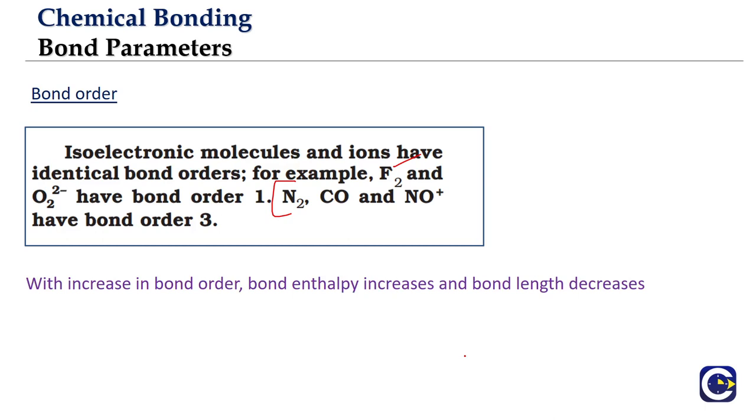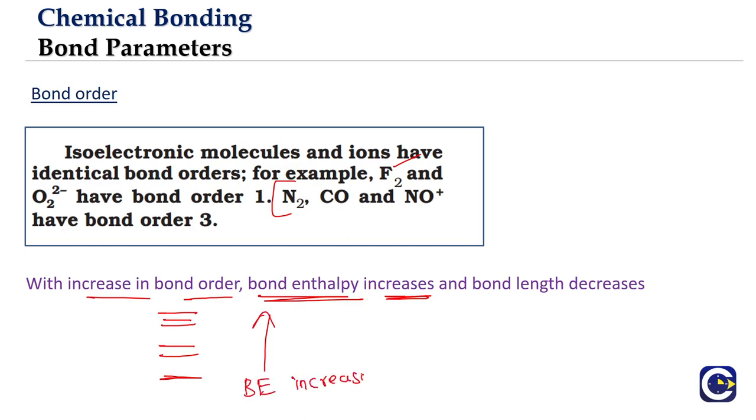And what we'll see broadly is if you have the bond order value increasing, so for example, single bond to double bond to triple bond, like that, when the bond order is increasing, the bond enthalpy also will increase. So the bond enthalpy or bond energy will be increasing. So we have seen this, right? A triple bond will have a higher, in fact triple bond will have the highest bond enthalpy, isn't it? Between single bond, double bond and triple bond, we have seen in the case of carbon as well as nitrogen.